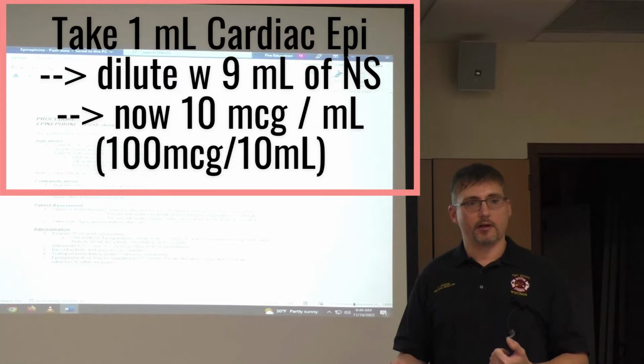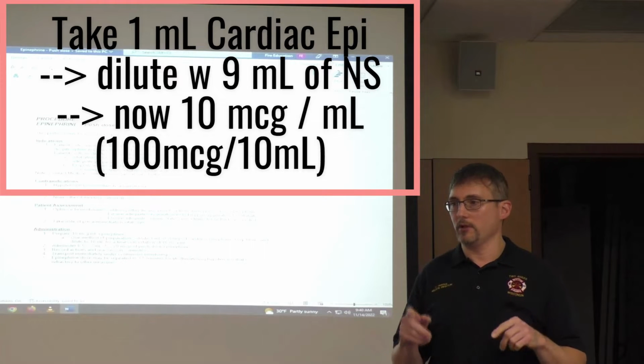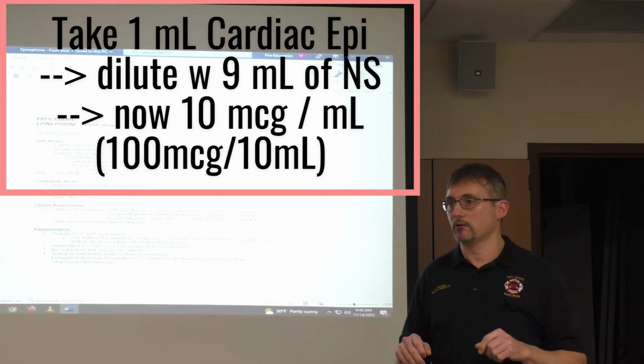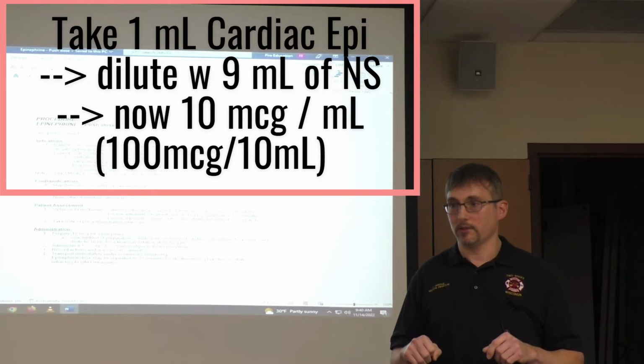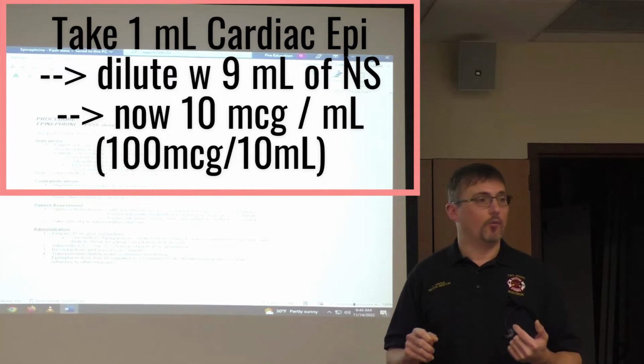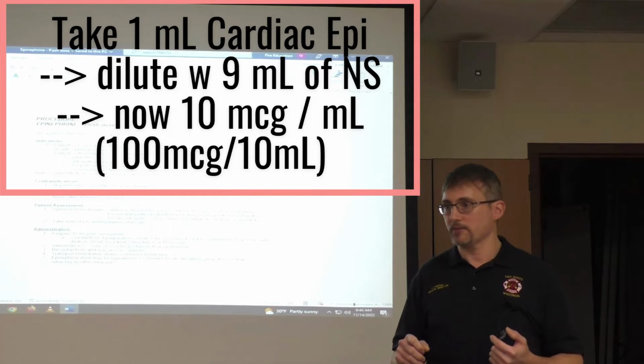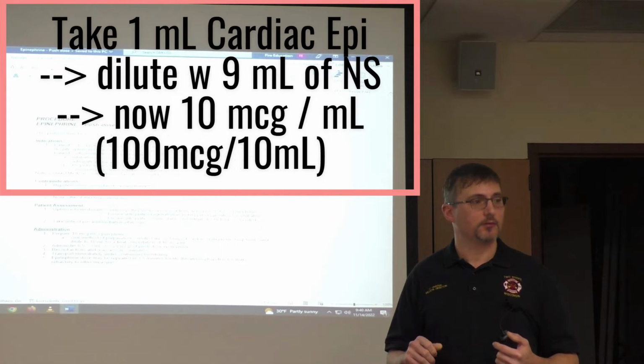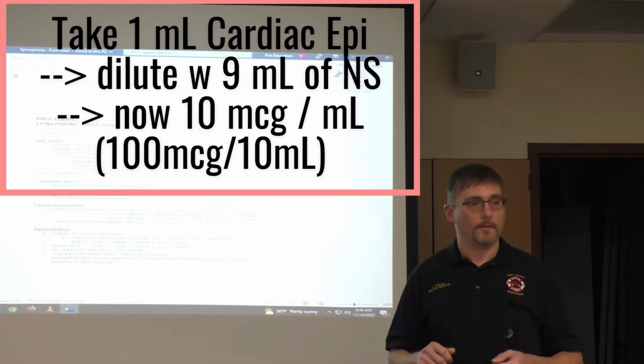So what have you done to the concentration? You went from 1 milligram in 10 milliliters to what now? Yeah, exactly. You went to 0.1 milligrams, 100 micrograms per 10 mLs. Does that make sense? Okay.